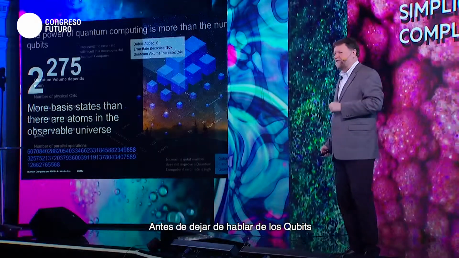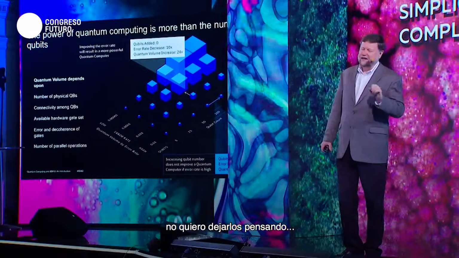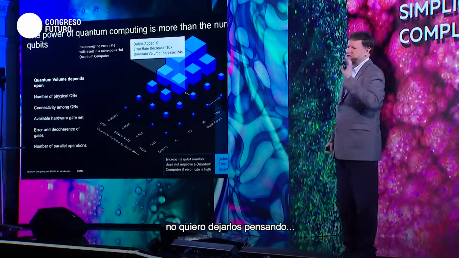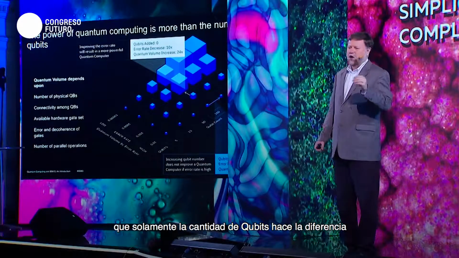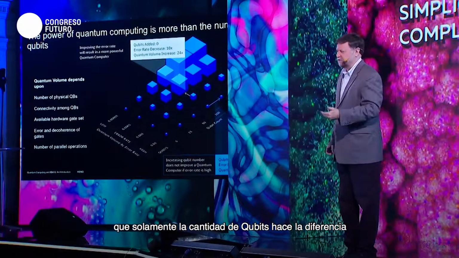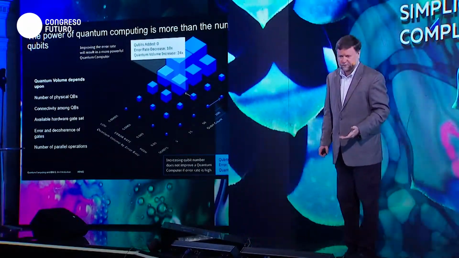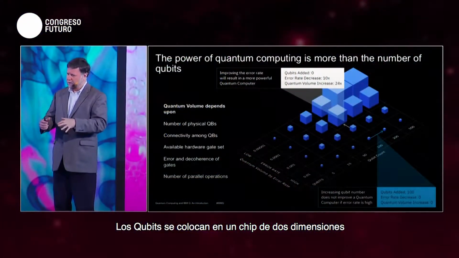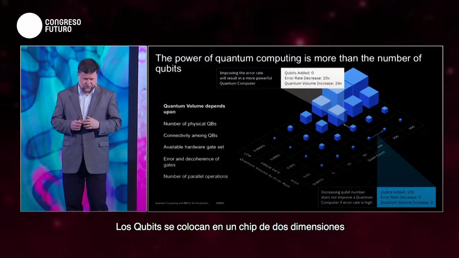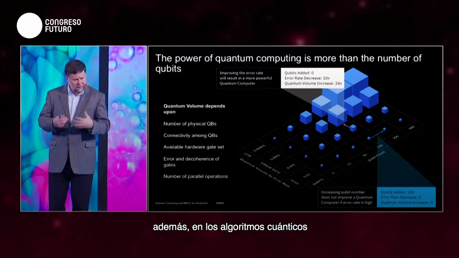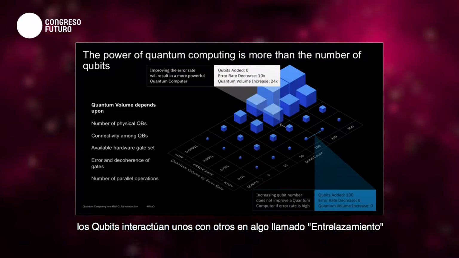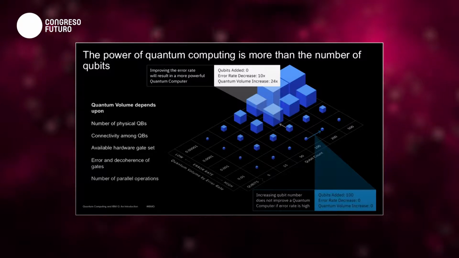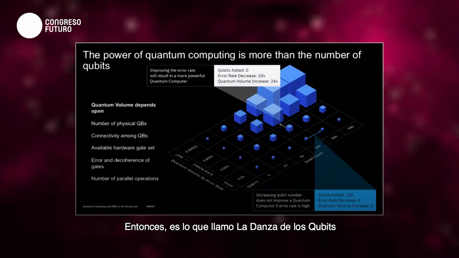Now, before we get off qubits, I don't want to leave you just thinking that only the qubit count makes a difference. There's a lot more. The qubits are laid out on a chip in 2 dimensions. Also, in quantum algorithms, the qubits interact with each other through something called entanglement. So it's what I call the dance of the qubits.